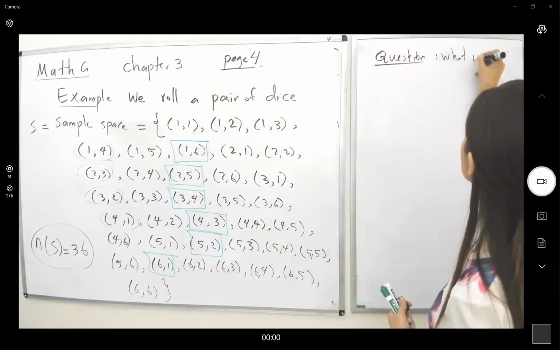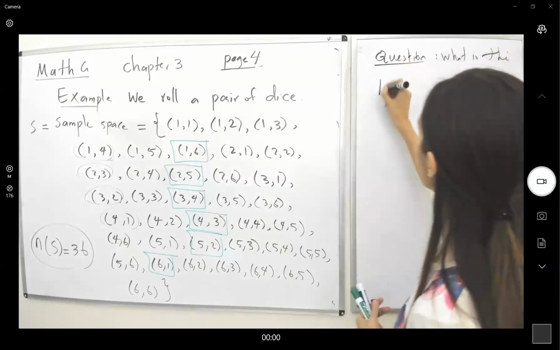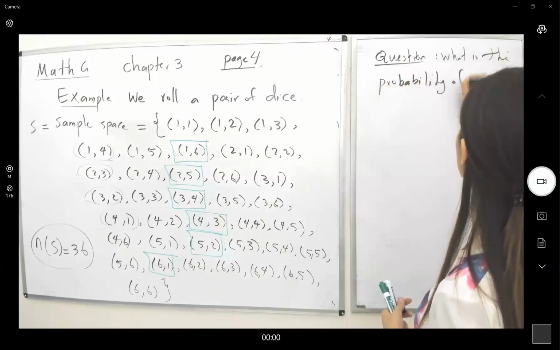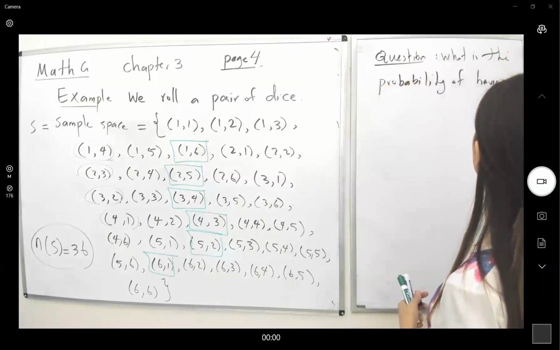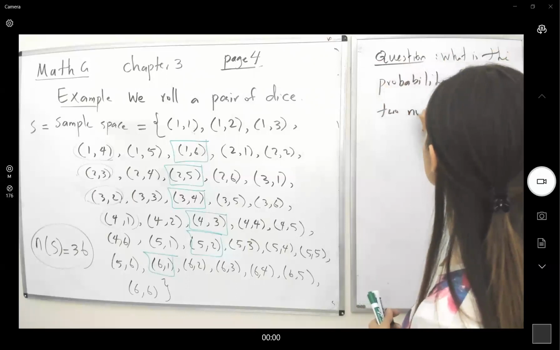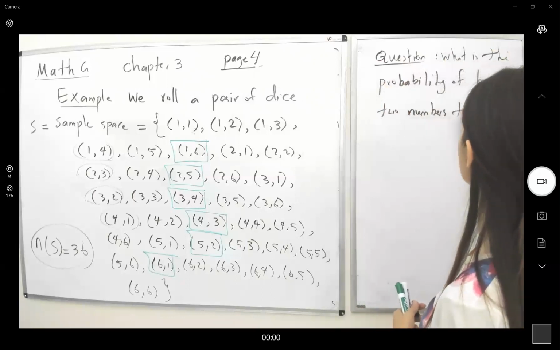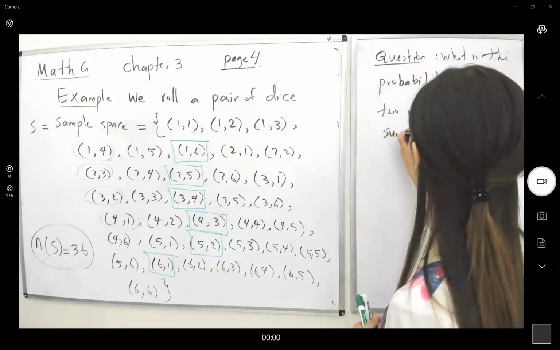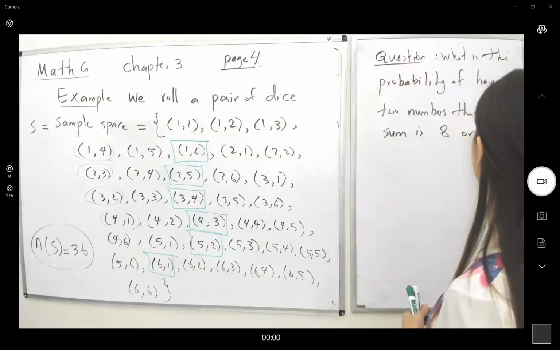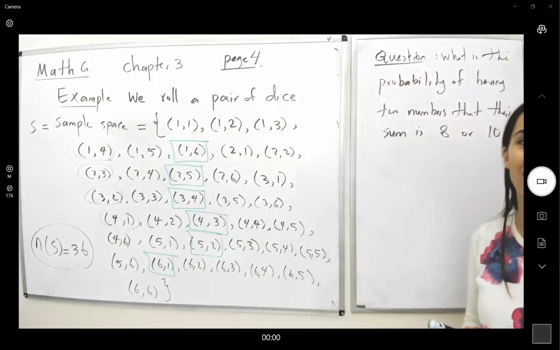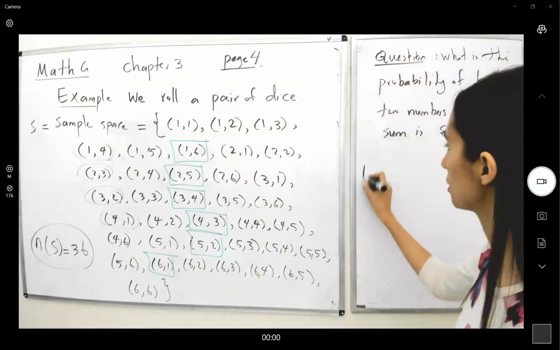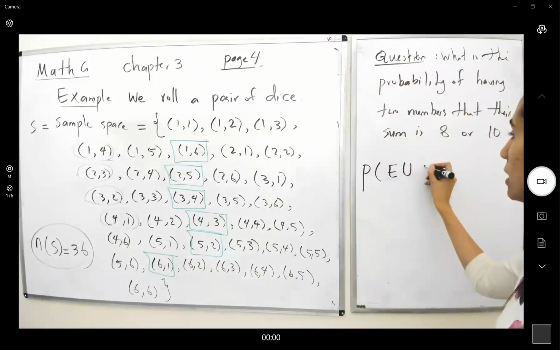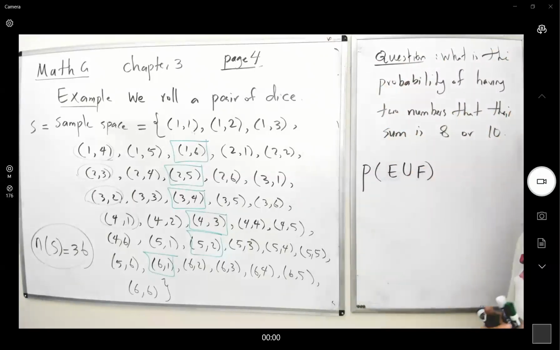What is the probability of having two numbers that their sum is 8 or 10? So the probability of the first event union with the second event.